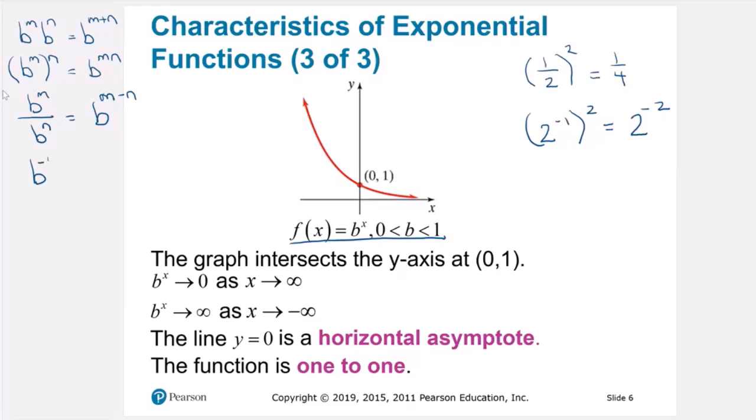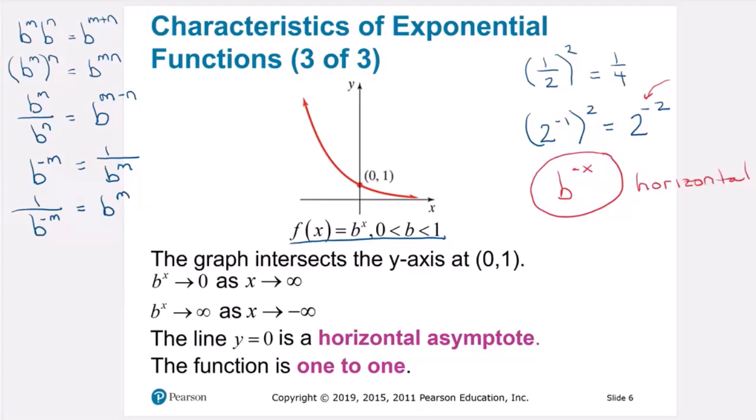If I have b to a negative power, it's 1 over b to the positive power. And if I have 1 over b to the negative power, it becomes b to the positive power in the numerator. If I have a b that's between 0 and 1, it actually acts as if it has a negative exponent. When it has a negative exponent, that negative is affecting the x. This would be a horizontal reflection over the y-axis.